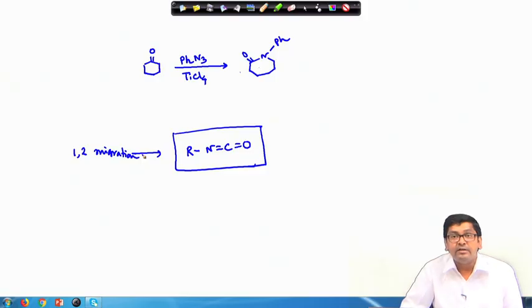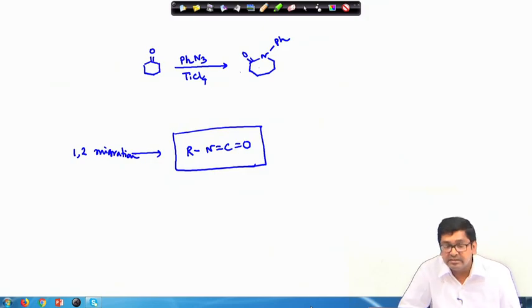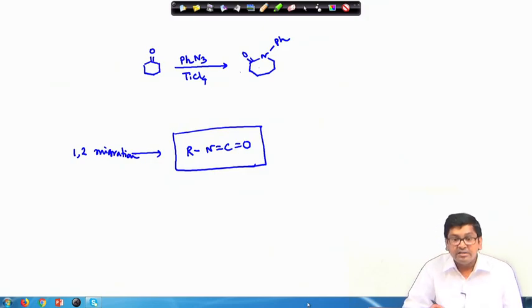Another important aspect for all these types of nitrene associated reactions, or rather these electron deficient nitrogen center associated reactions, is that the starting materials are in principle different. For example, in the case of Curtius, what is that?